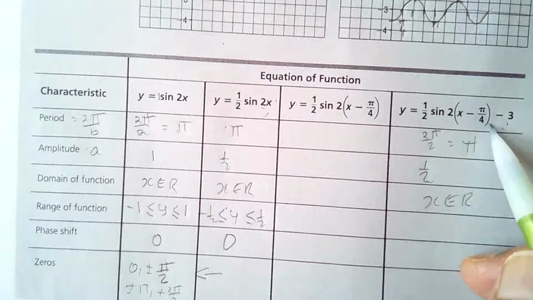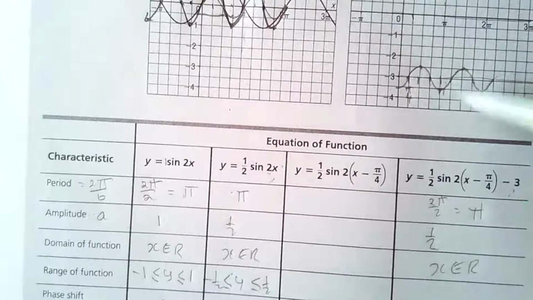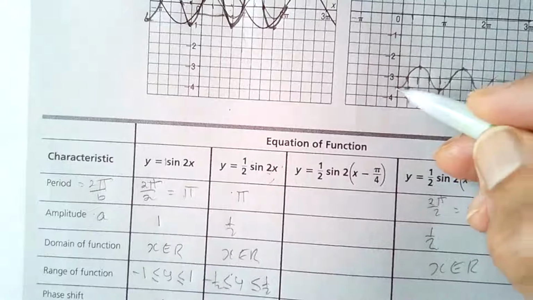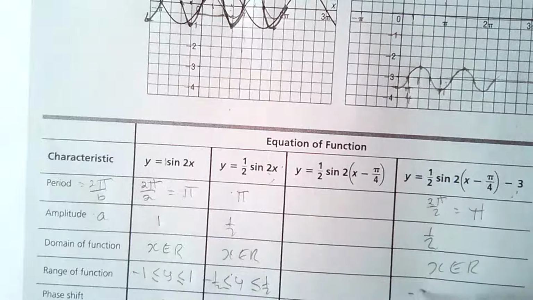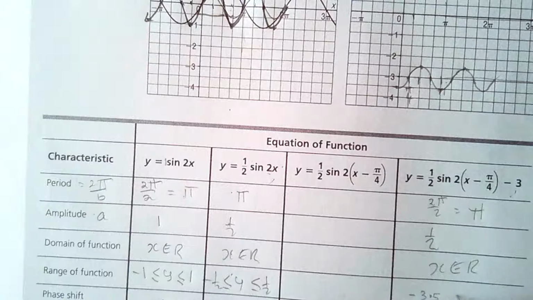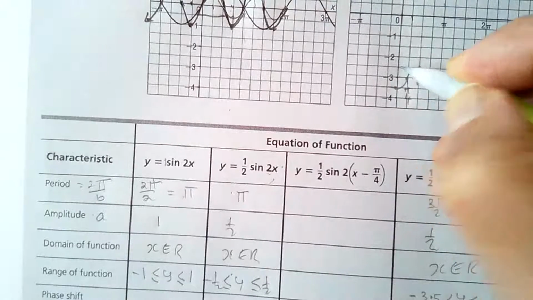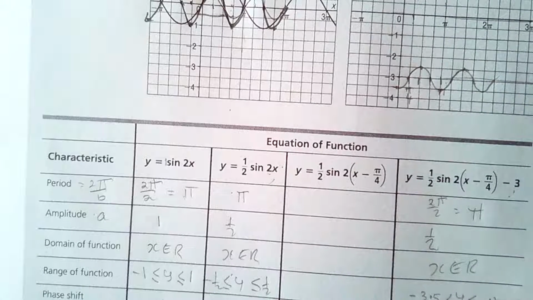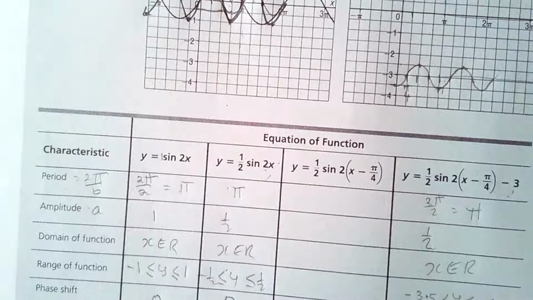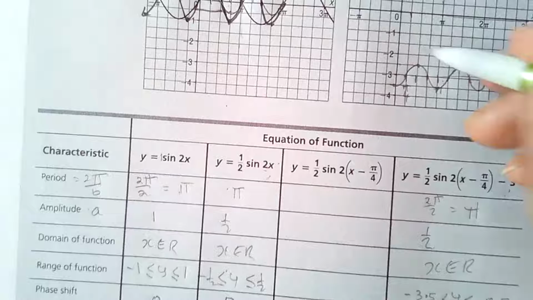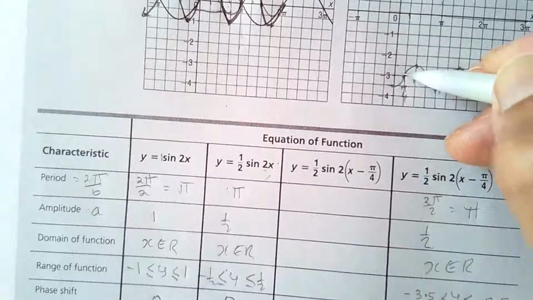So if you were to sketch this graph, which we have here, oops, go back to this graph here, our minimum value is -3.5. And our maximum is -2.5, or -5/2. Notice the zeros are now a quarter pi.